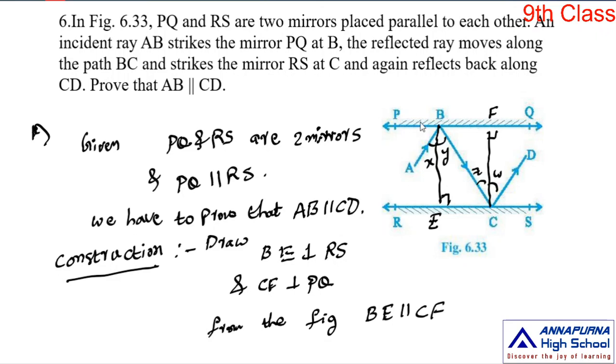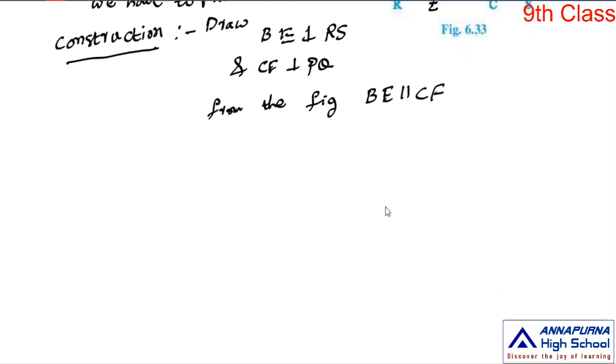Observe the figure. Angle x is equal to angle y because angle of incidence is equal to angle of reflection. Angle x is equal to angle y. This is equation 1.